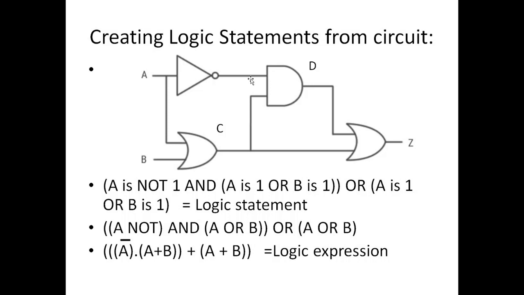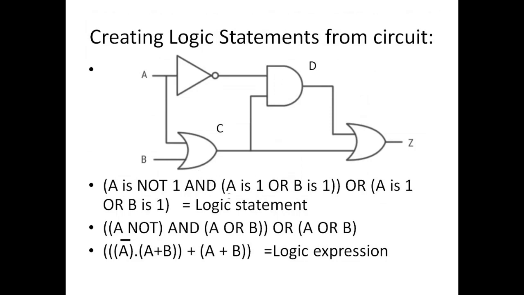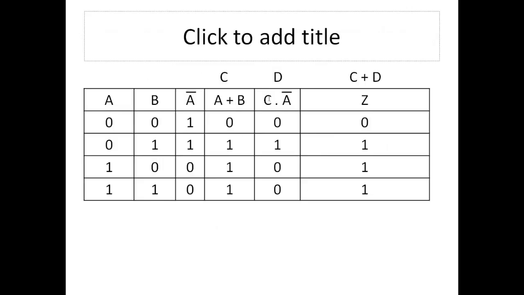In the next step, after the NOT gate, we have A OR B. Here we have found A plus B, and for my ease I have given it a name, C. Next I have A NOT and the output from this OR gate, which I have just named C. So this is C dot A bar, or A bar dot C. You can write it in both ways.